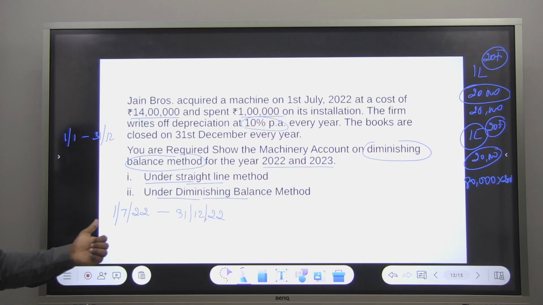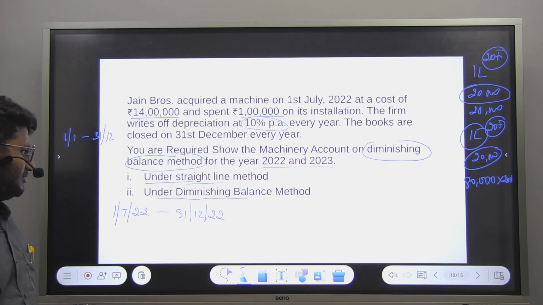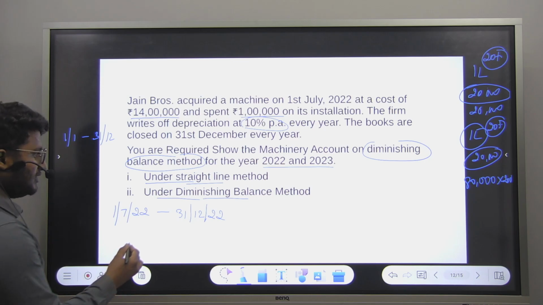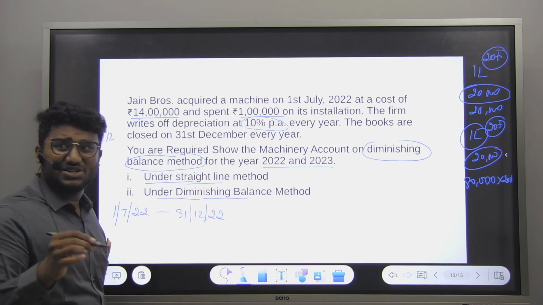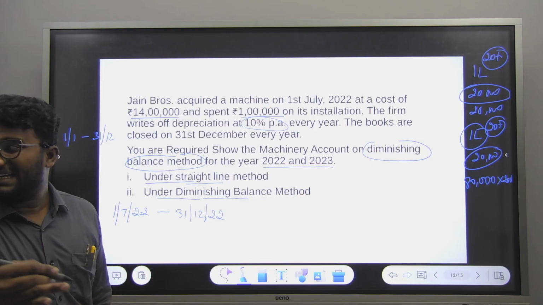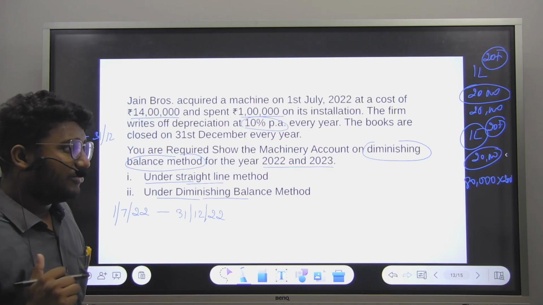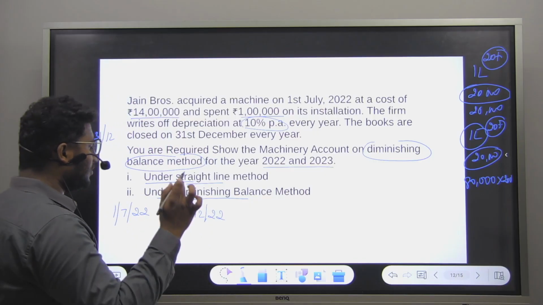So how many months is it from the purchase to year end? 6 months, sir. 6 months only. So we should charge depreciation only for 6 months. In the first year, we have not used the entire year. We have used it only for 6 months. So then we have to charge depreciation only for 6 months.